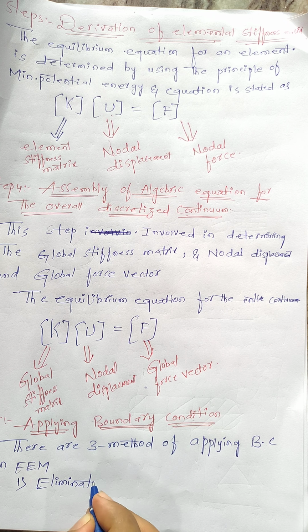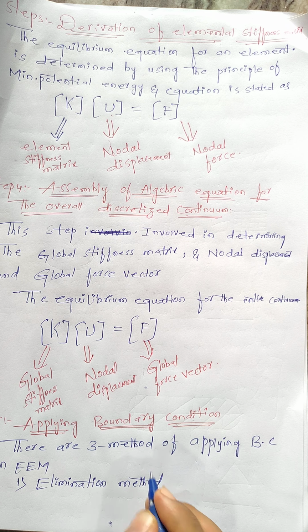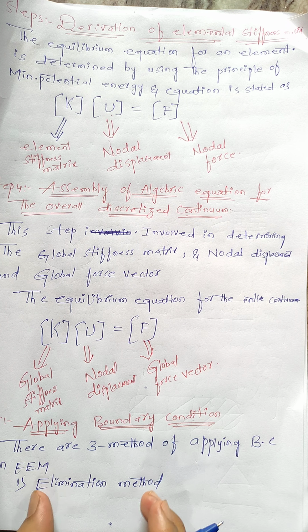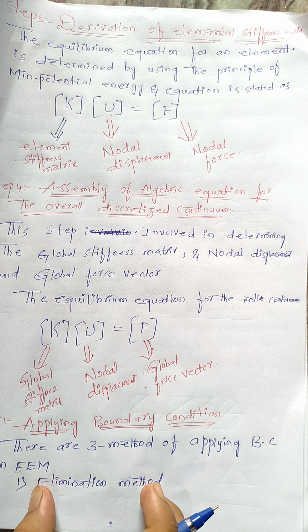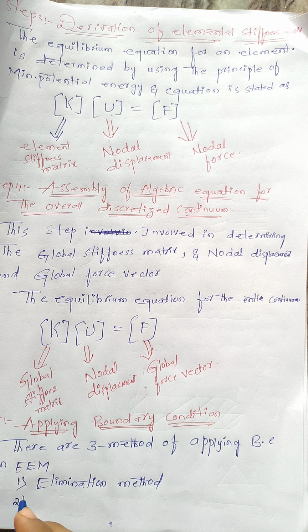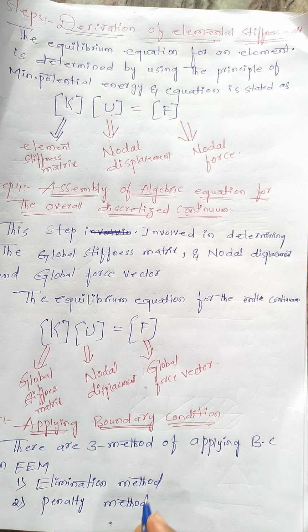We need to cancel these terms, okay, so we can say it is the elimination method, is it right? This elimination method you can easily understand in the problem. And the second one is the penalty method. The penalty method is most important here.